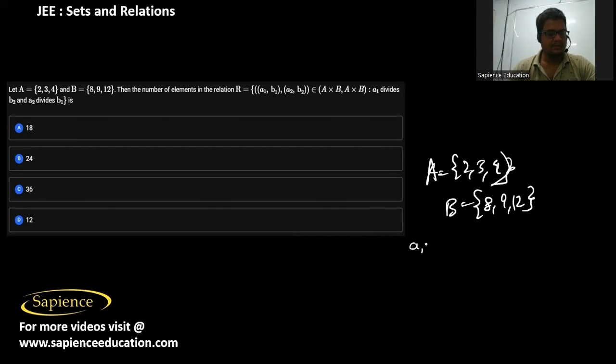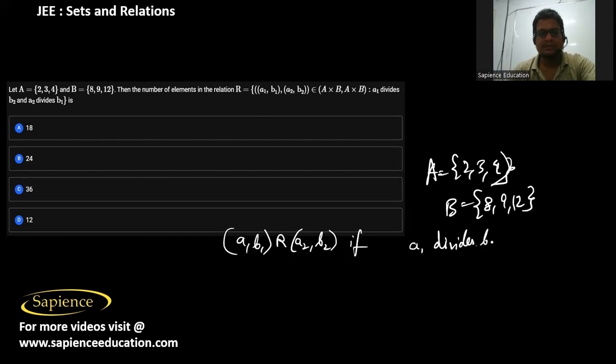So here it is told A1, B1 is related to A2, B2 if A1 divides B2 and A2 divides B1.